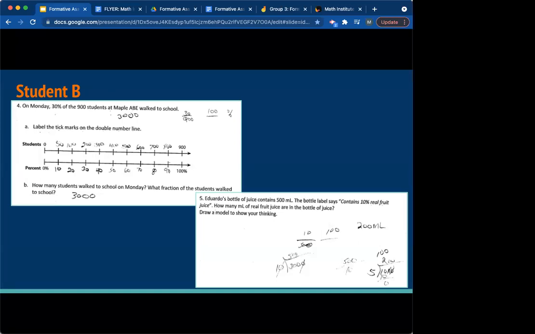So they just used the numbers from the problem: the 30%, there's 30, there's 100, we've got 900 students. So they multiplied 100 times 900 divided by 30 and came up with 3,000. So it's not even a reasonable answer since there are only 900 students. Mm-hmm. So they're doing math that they seem to have heard of before, but not utilizing the visual.